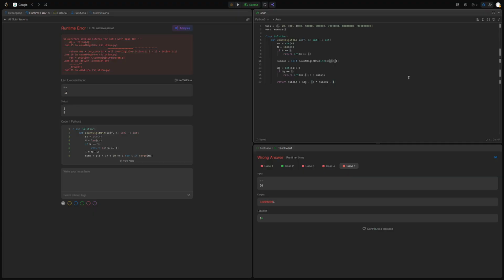First digit, if digit is 1, no it's not. Okay, so then we got sub answer plus, shouldn't it be like 2 times this? And still this is wrong.